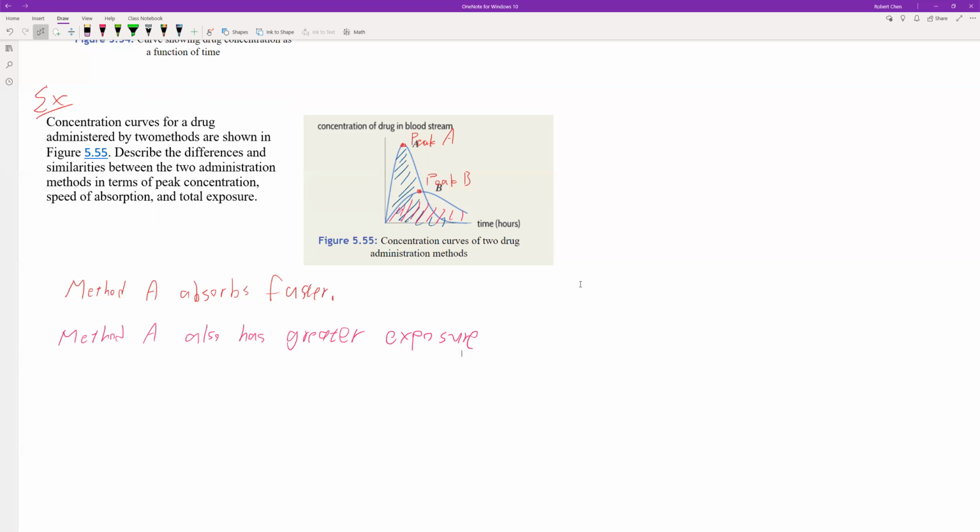So in this case, we can think of method A as injecting the drug into someone's blood, and method B as taking the drug orally, like a pill, which takes a longer time to reach the peak, and the concentration is not as great compared to injecting directly into your blood.